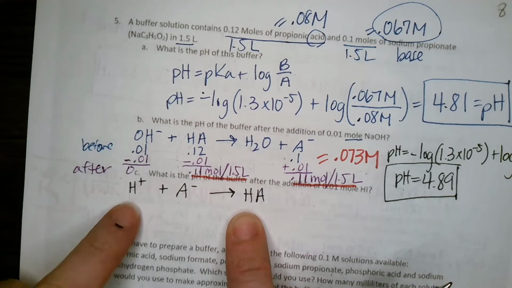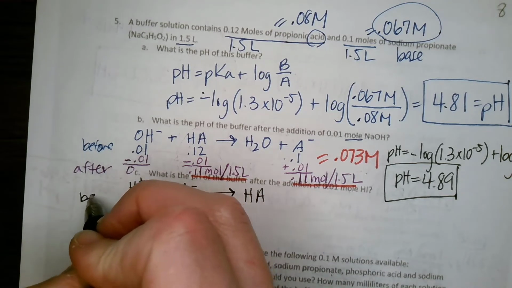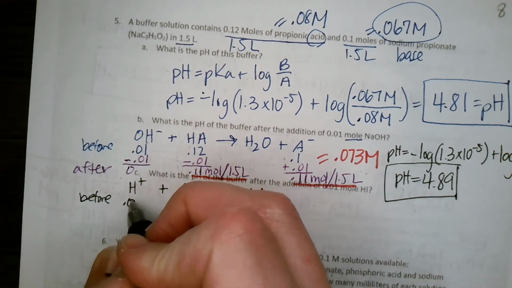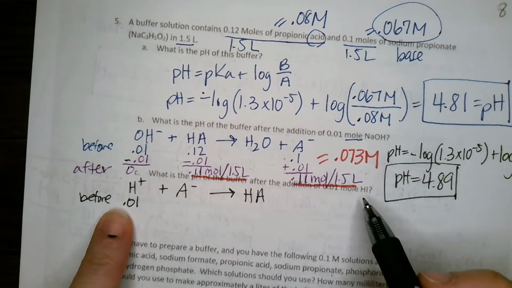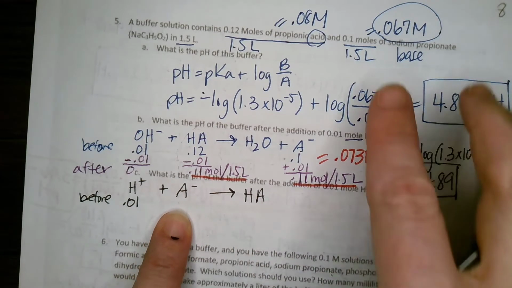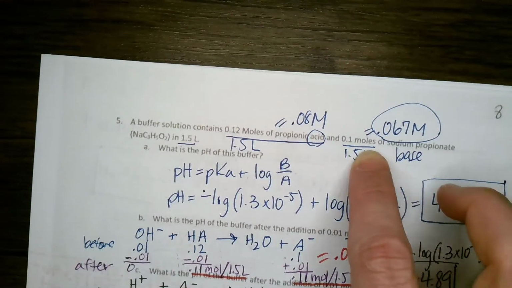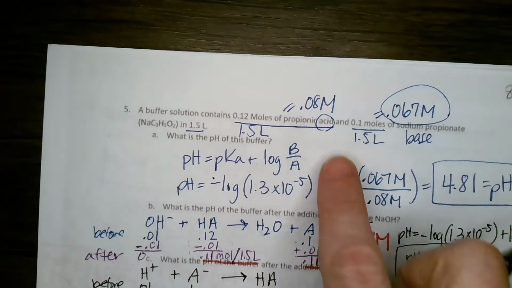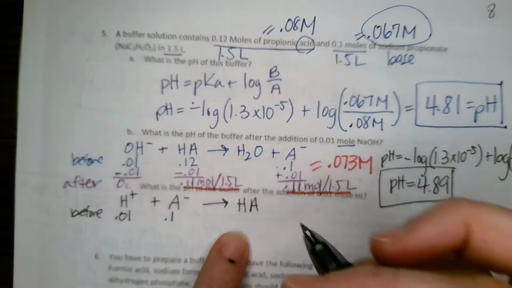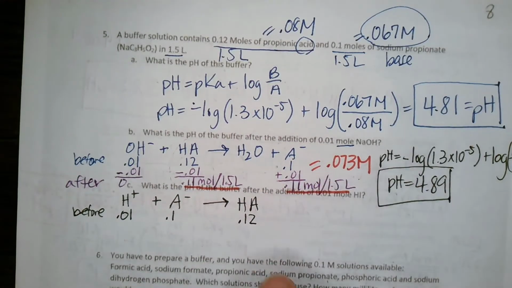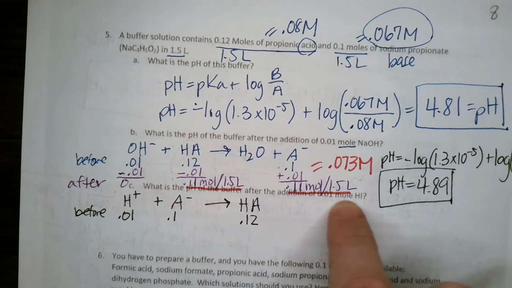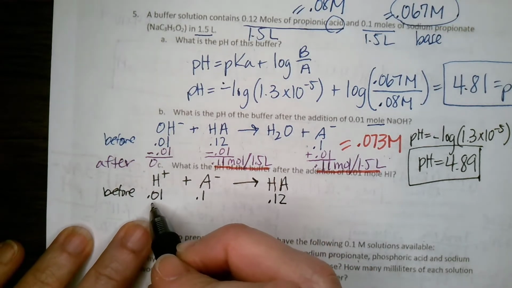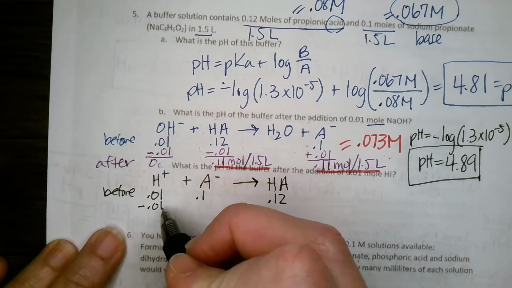So what did we start with? We're going to write before here. It told us that we have 0.01 moles of our acid. How much base did we start with? Way up here it told us we started with propionate, 0.1 moles of it. And how much acid did we start with? 0.12. Again, we're just looking at moles, because they're giving it to us in moles. Now, which one's going to get used up first? The smaller one. So we're going to subtract 0.01.